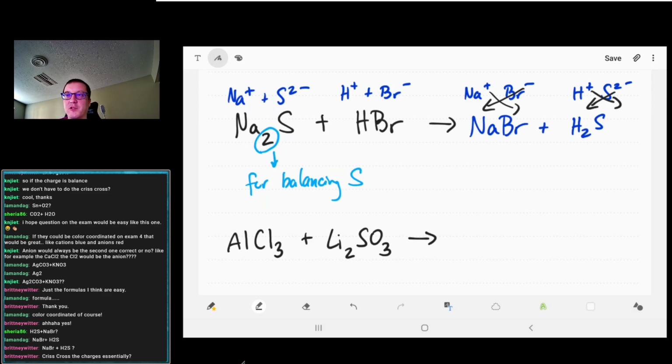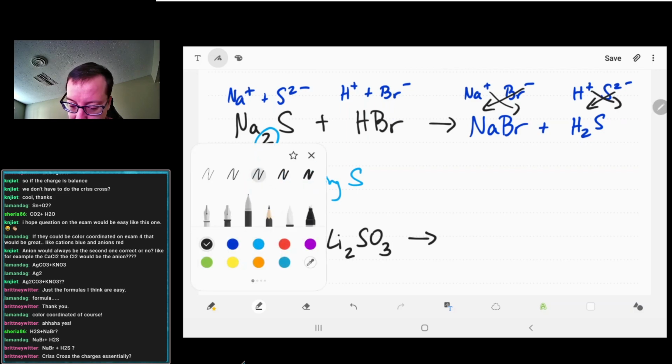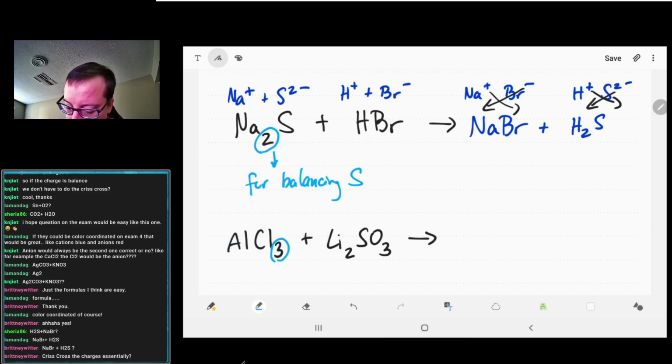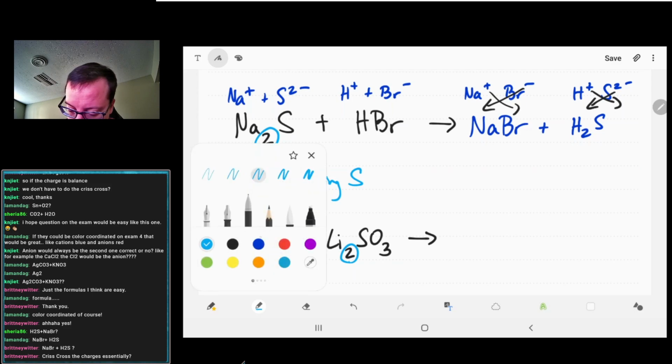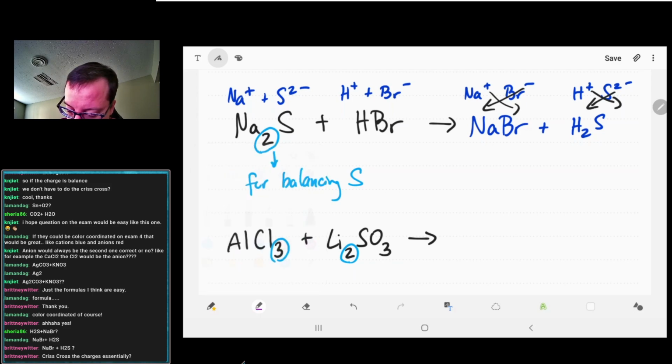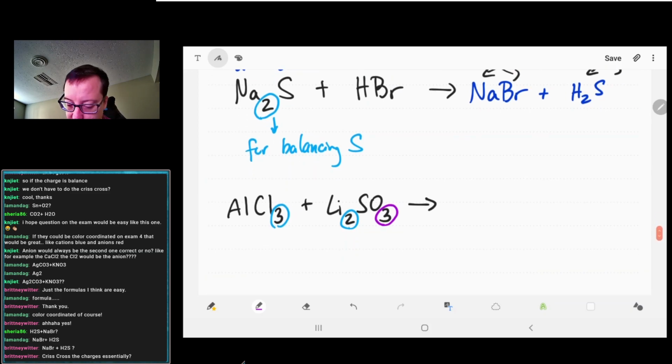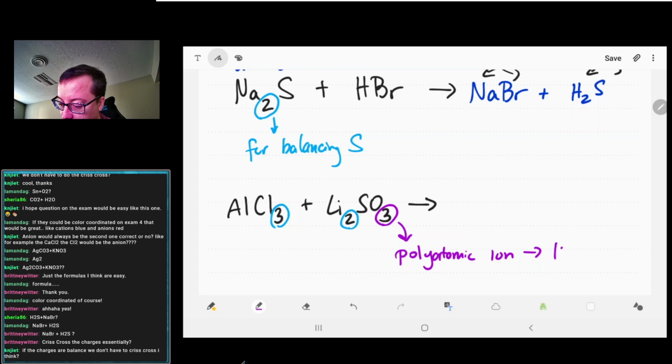So before we go on, let's just take a moment to look at these 3 kinds of subscripts we have here. We have 2 different kinds of subscripts. This one is part of a polyatomic, and so we keep the 3.